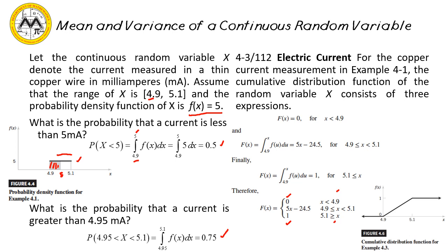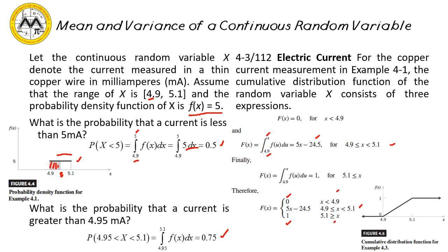In between, it would be the integral of 5 dx, where the limit is from the lower limit 4.9 to x. Evaluating that, it would be 5x minus 4.9 times 5, so that's 24.5 over the interval. So this is now the cumulative distribution.